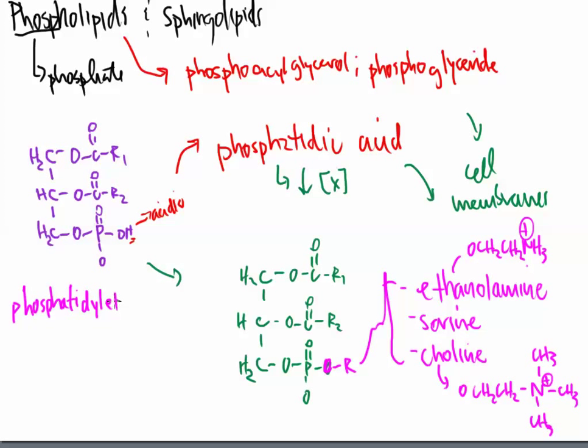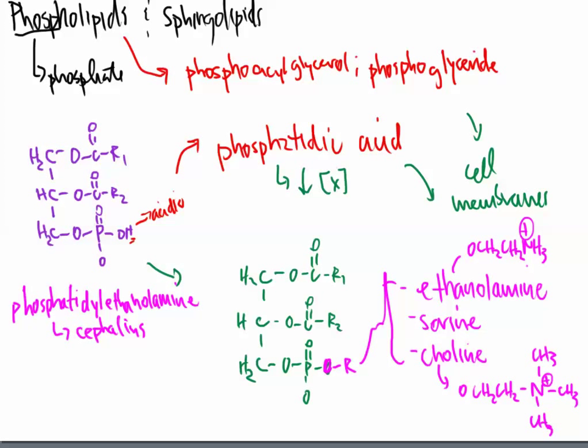Phosphatidyl ethanolamine, and these are shortened to a term called cephalins. So when we talk about cephalins, we're talking about a fatty acid that's a phospholipid, that on one of these carbons I have a phosphate group with an R that comes along with it.